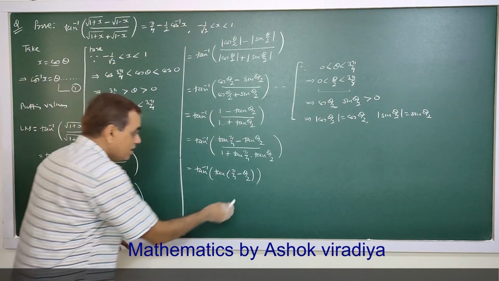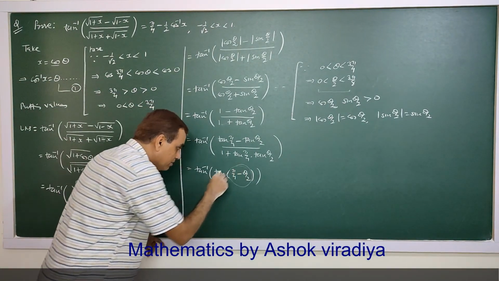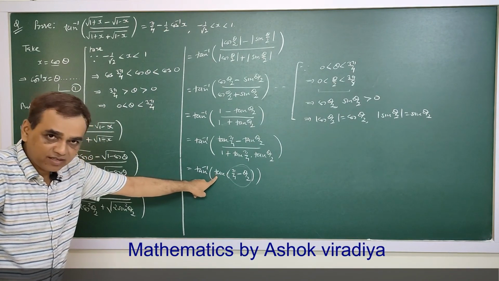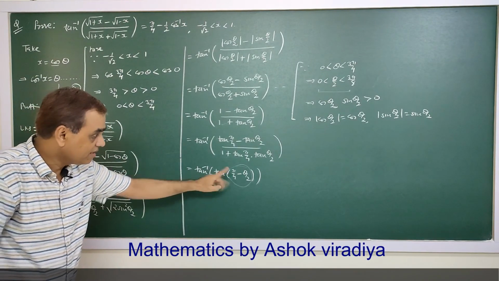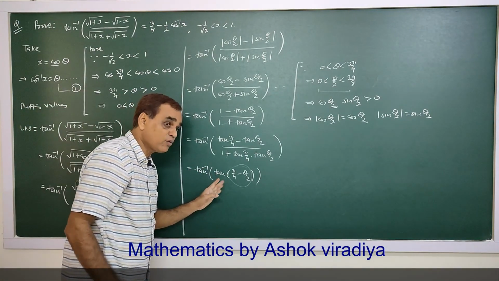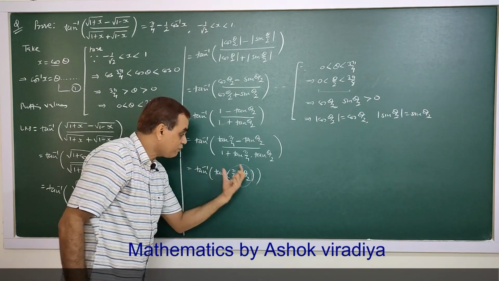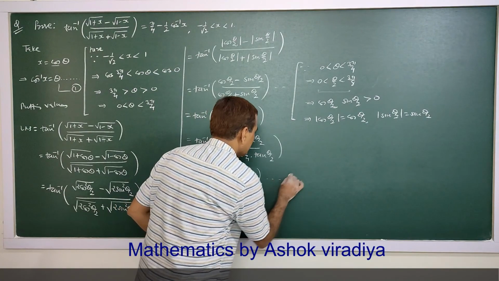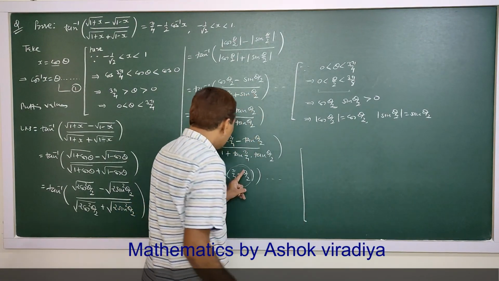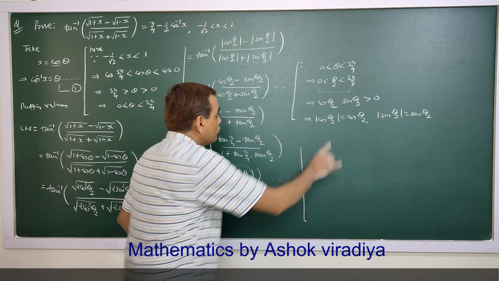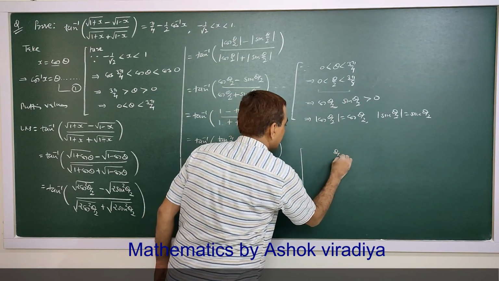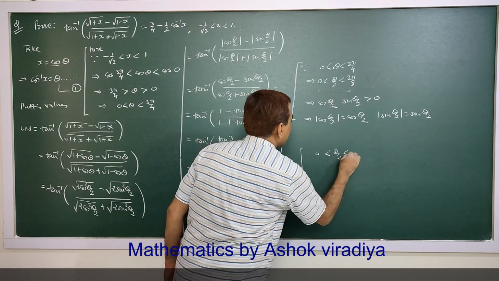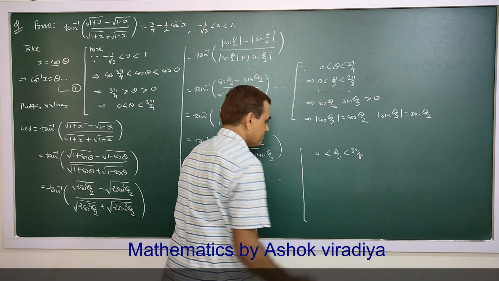Now, does this number belong to the domain of tan? If yes, then we can remove tan inverse tan, otherwise not. So let us check where it belongs. Say here, theta by 2, we were at theta by 2 between 0 and 3 pi by 8.